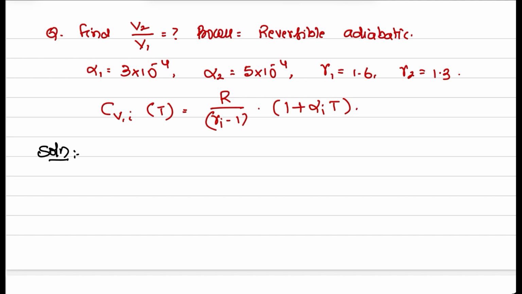Here, the process is given as reversible adiabatic. That implies it is isentropic.